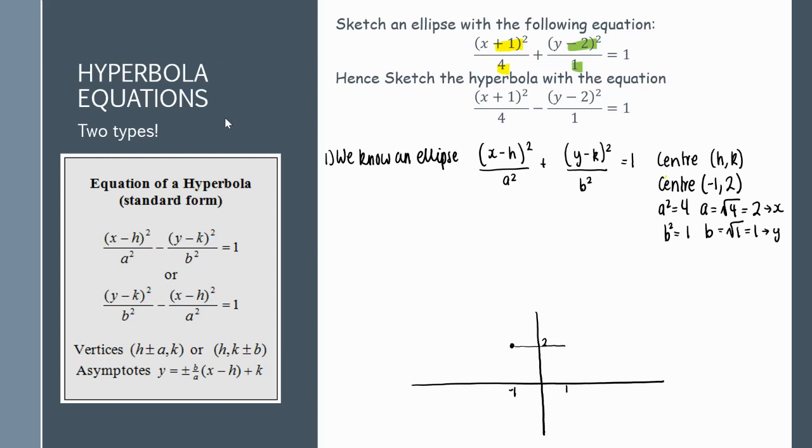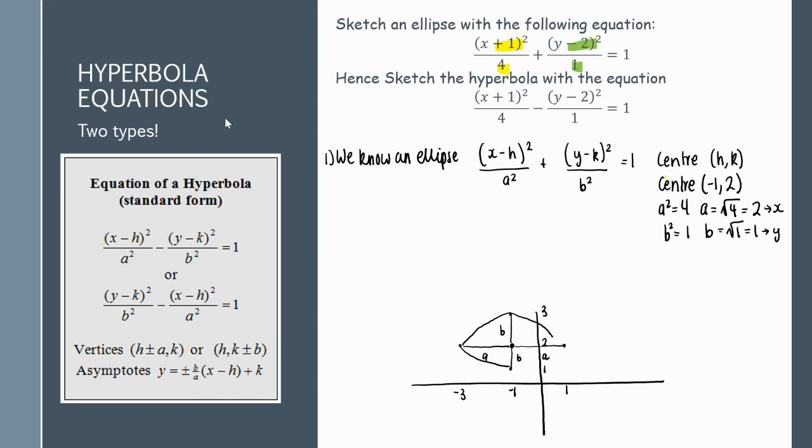So from my center point, my ellipse vertex will be 2 units to the right. It will be 1 unit up for the next vertex from the center point. It will be 2 units to the left of the center point. That will be my third vertex. And my last vertex will be 1 unit down from the center point.